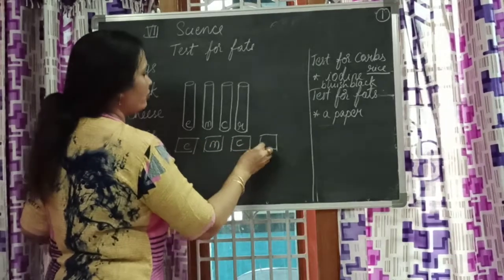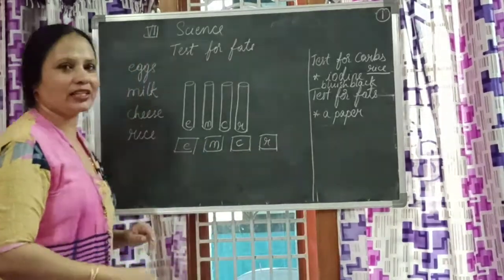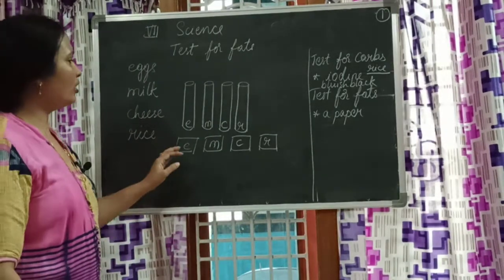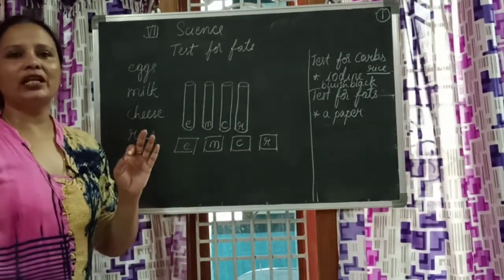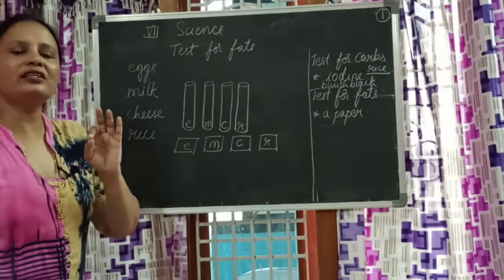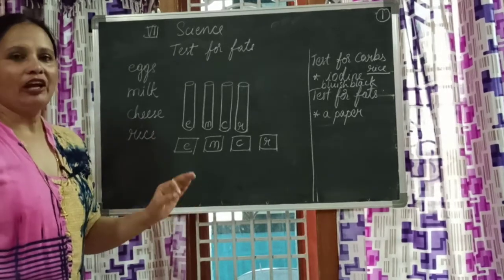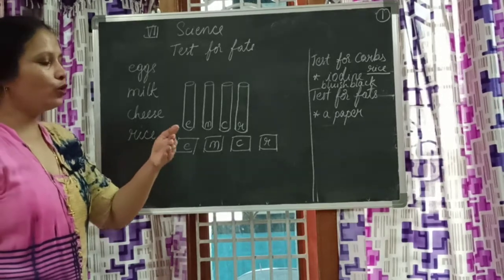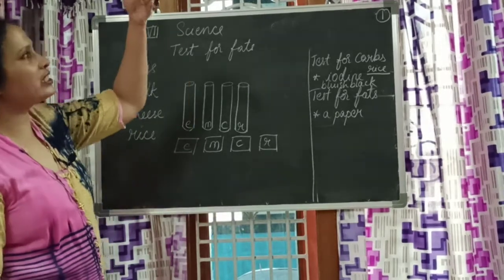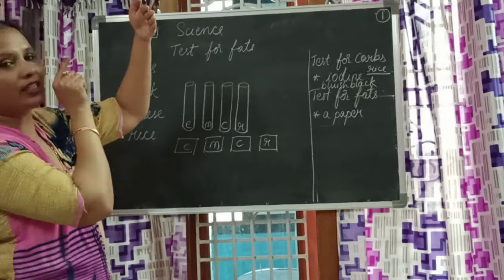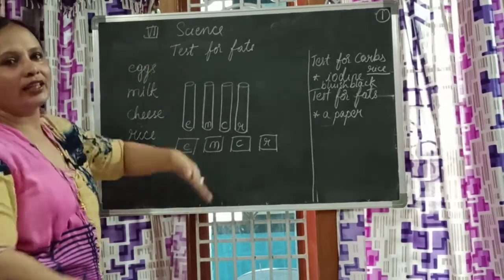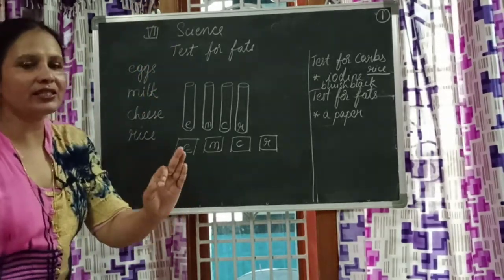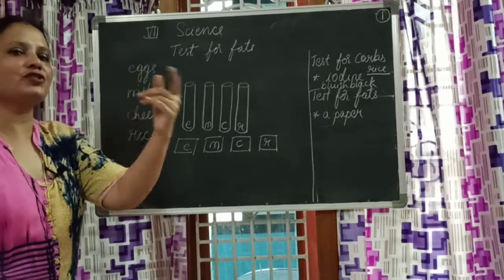Rub cheese over that, rub rice over that. Now in all these things, whichever gives a transparent sheen to the paper, so that when you uphold the paper towards the light, you can see through it. That means that is tested for the presence of fats.